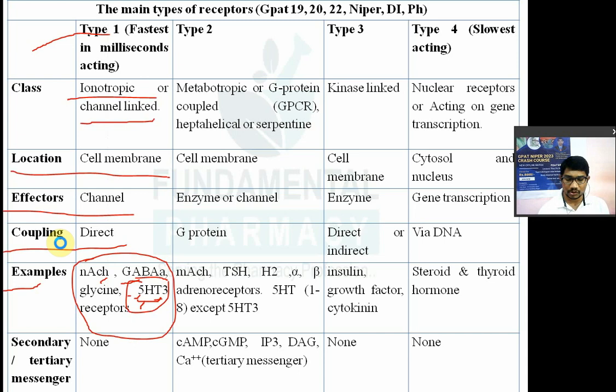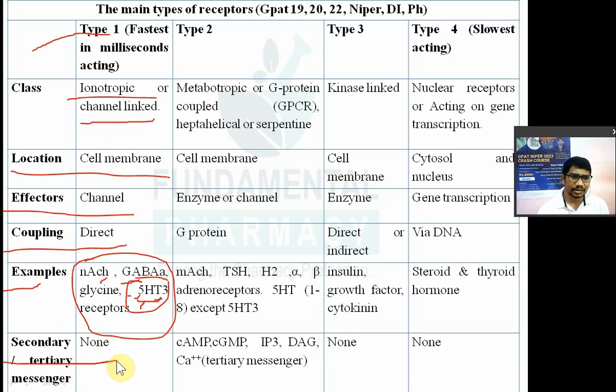Okay, so serotonin has different receptors. Serotonin is 5-hydroxytryptamine, so it is also called serotonin, and it has different receptors like 5-HT1, 2, 3, 4, 5, 6, 7, 8. Out of those 8 receptors, the 5-HT3 receptor is an ion channel and the others are G protein coupled.